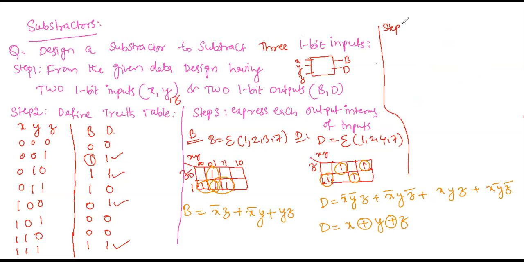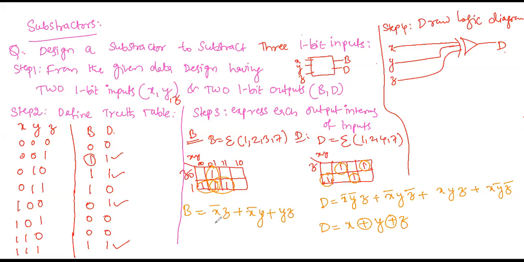Draw the logic diagram. Inputs are X, Y, Z. D is equal to X XOR Y XOR Z. This is D. Similarly, X bar Z. So take X and invert it to get X bar.